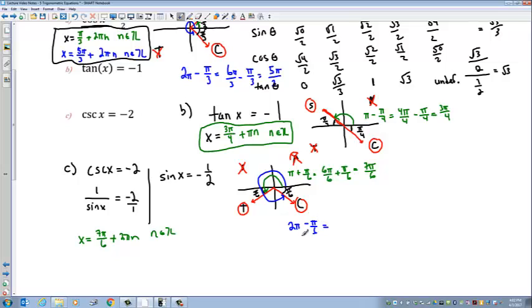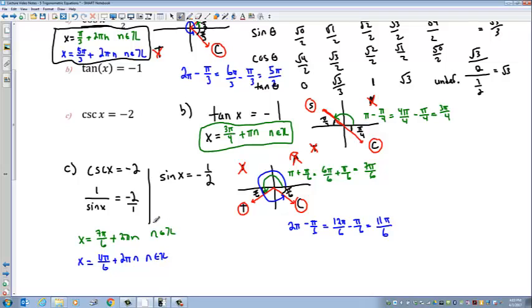And so that's going to be equal to, I'll multiply top and bottom by 6 and get 12 pi over 6 for the first term, minus pi over 6. And that's equal to 11 pi over 6. So my final answer here would be x equals 11 pi over 6 plus 2 pi n. N is an integer.